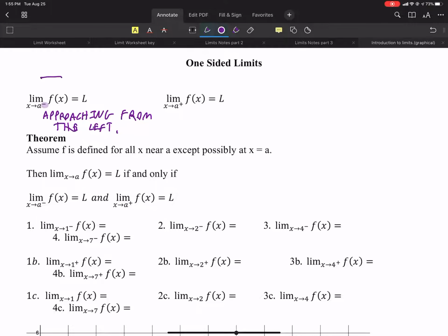That means you're coming in this way. And the little plus sign here, the exponent's a plus. That means you are approaching from the right. All right, that means you're coming in from that side. So everything else is pretty much the same as before, but now you're only coming in from one side. You don't have to look at both sides.